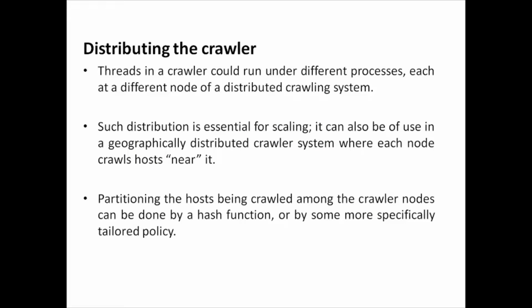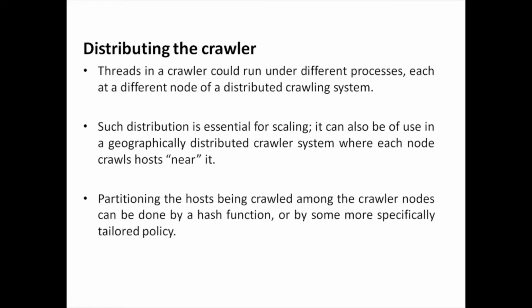Now let us move to the distributed crawler architecture. When we discussed the basic crawler architecture, we considered that multiple threads will be run using a single process. The crawler could run under a single process, or otherwise it can be run using different processes, and each of these processes will be available in different nodes of a distributed crawling system.